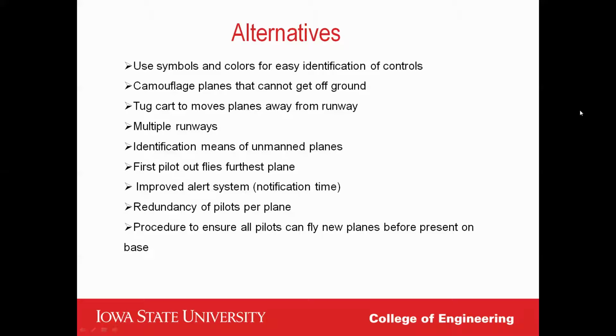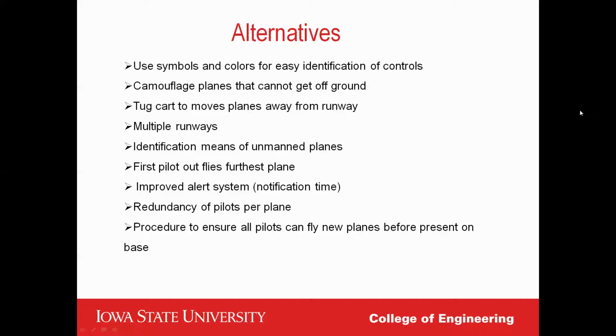We talk about tow cards too, in case of any issues with the plane. Could be an engine failure, or could be a pilot issue, so that they could move the planes out of actual sight. Multiple runways certainly help to increase the probability of success rather than having just one single runway.